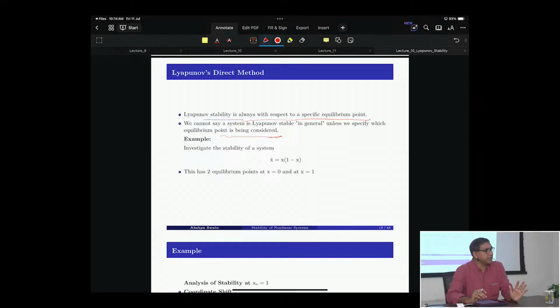You just assume that the system has only one equilibrium point at the origin and analyze the stability. Got a point? So I intentionally, when you asked whether it is general, told you it is general. No, it's not. Still more things are there that I cannot discuss here. There is a basin of attraction you have to see.